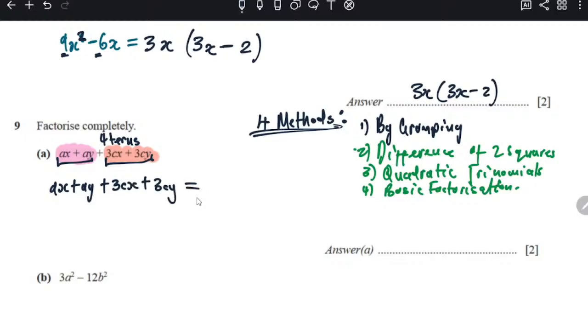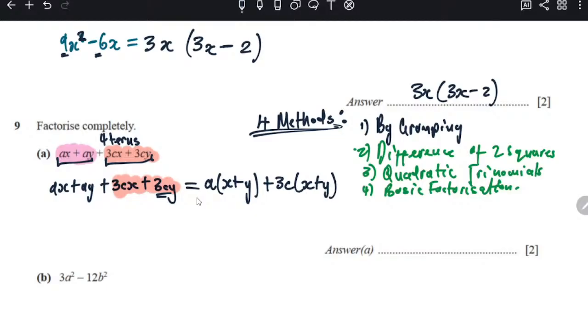This is going to be equal to, we look at the first 2 terms, we look for something which is common, which is a. If we bring out a, what do we remain with here? We remain with x plus y. Then we look at the last 2 terms. What is common is a 3c, so you bring out a 3c. You remain with an x plus a y.